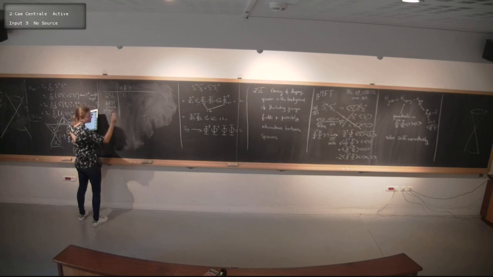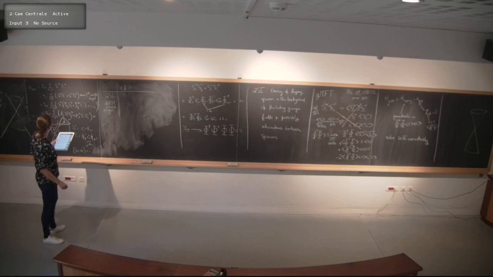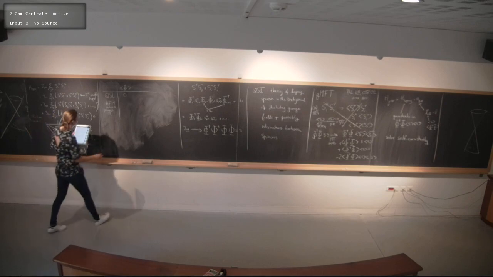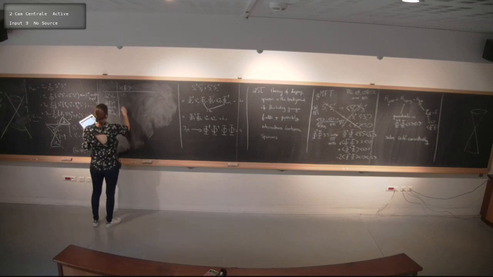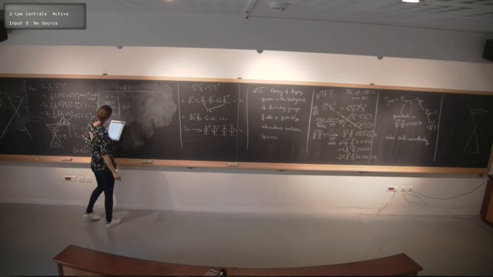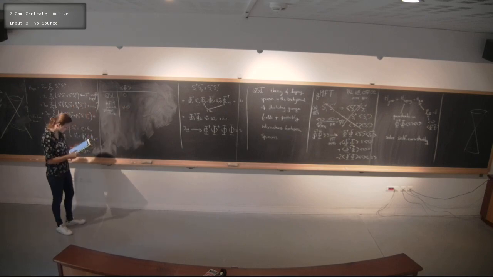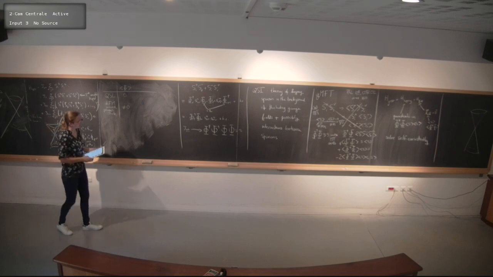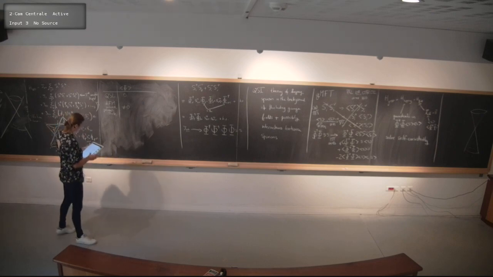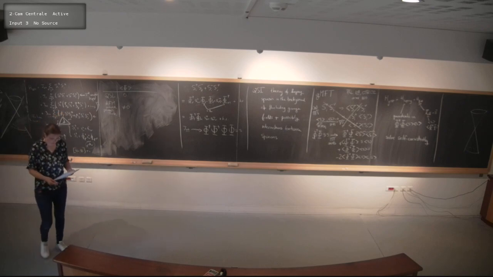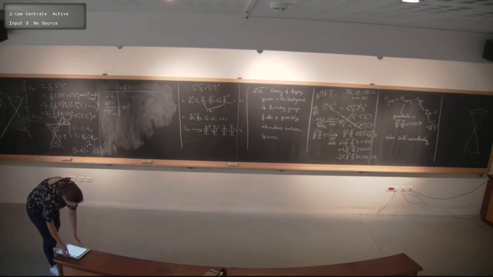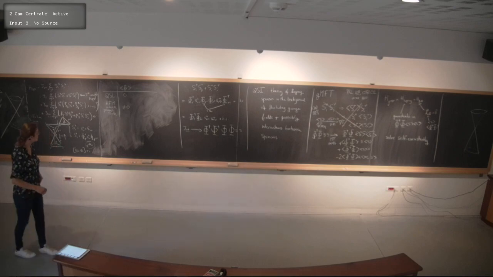You should remind me when I start writing too small, because I think that's what I've been doing. So this is basically when this is non-zero. There are some other, so it's more of a detail as far as we're concerned with entangled phases.